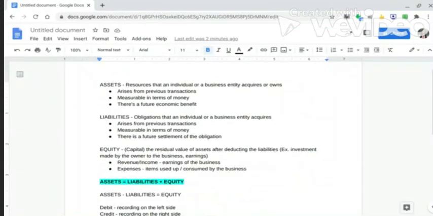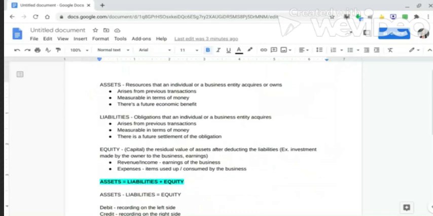So, balik tayo doon sa definition. Let's start with the asset and let's see if magko-comply siya doon sa requirements or qualifications para masabi natin that it is an asset. Pag sinabing cash on hand, is it a resource that an individual or a business entity will acquire or will own?